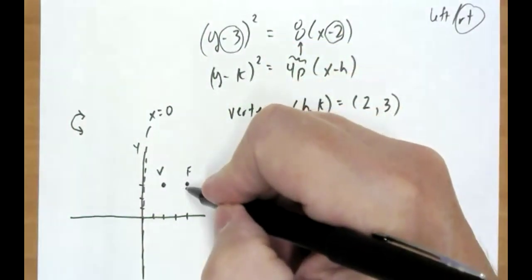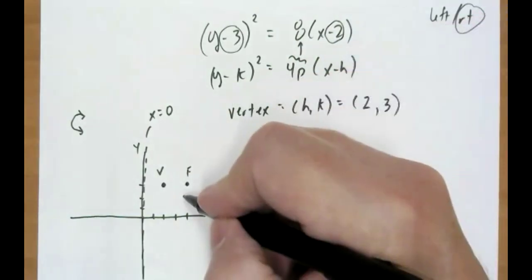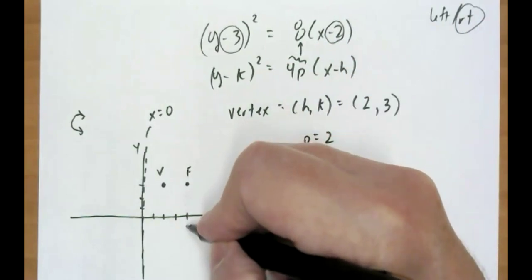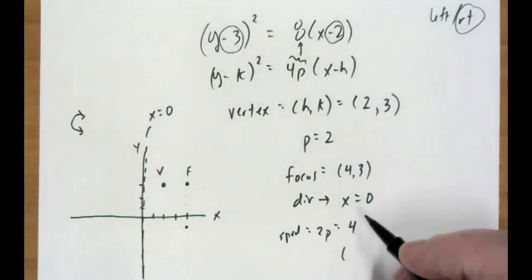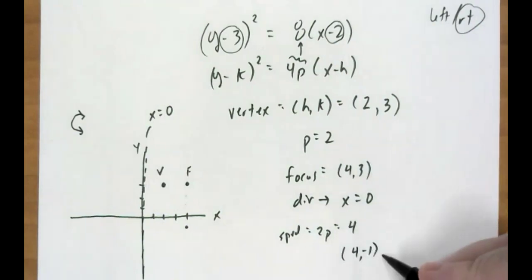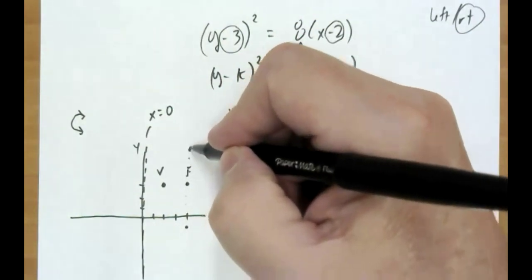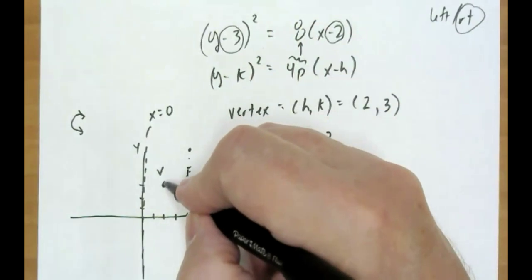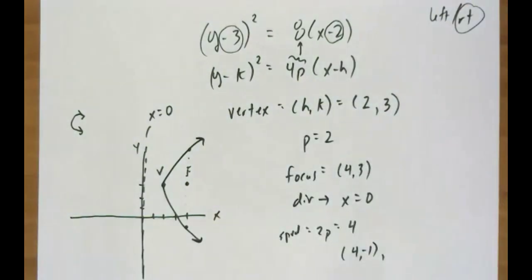So from the focus, I'm going to go down 4. 1, 2, 3, 4. That latus rectum point, I'll need when I graph. It looks like 4, -1. And then I go up 4. I won't worry about that point because when I graph it, I only need one point. But here with my rough sketch is what the parabola should look like.